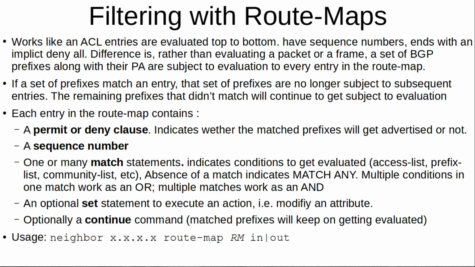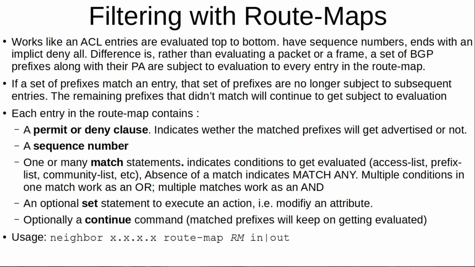Remember that route maps work like an ACL, where entries are evaluated top to bottom, have sequence numbers, and end with an implicit deny all. The difference with an ACL is that rather than evaluating packets or frames, with a route map you are evaluating a set of BGP prefixes along with their attributes.